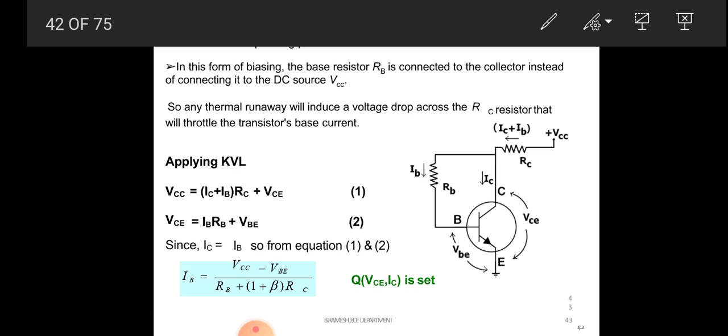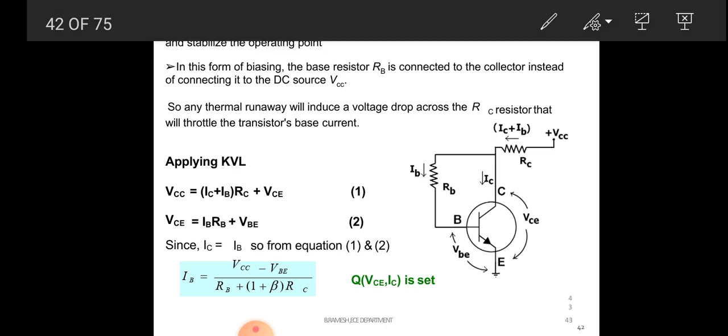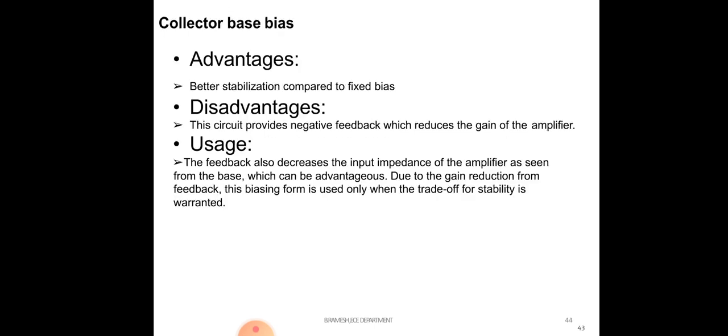When you increase the RC resistor, your stability factor decreases, but practically we cannot use a mega ohm resistor in place of RC. If you use mega ohms, you can achieve a stability factor of 1, but it is not possible to use RC in terms of mega ohms. So that is a drawback.